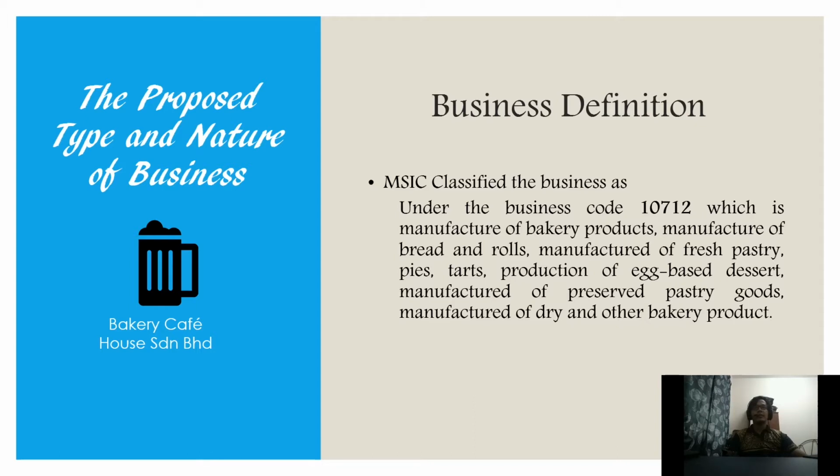Business definition based on MSIC classified the business under the business code 10712, which is manufacture of bakery products, manufacture of bread and rolls, manufacture of fresh pastry, pies, tarts, production of egg-based dessert, manufacture of preserved pastry goods, manufacture of dry and other bakery products.